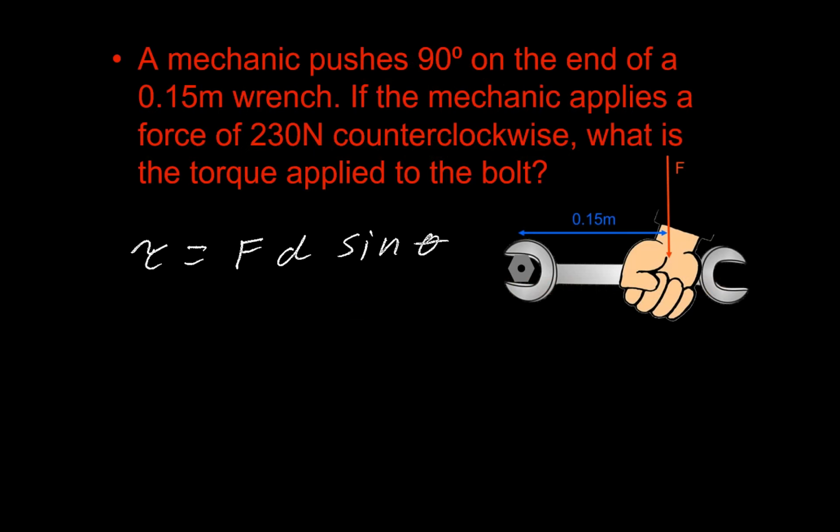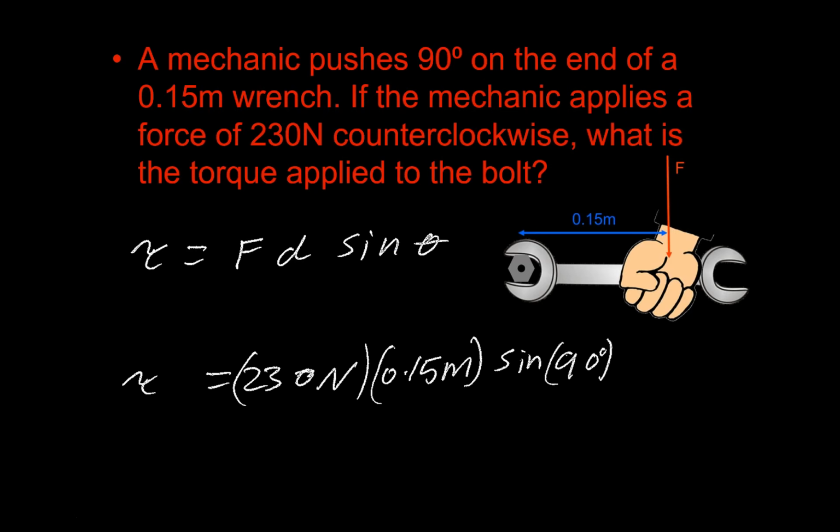Well, our torque is going to be F times the distance of 0.15 meters sine theta. That means torque will be 230 newtons times 0.15 sine of 90 in this case. So torque becomes 34.5 Newton meters. So the unit of torque is a distance times a force, Newton meters.